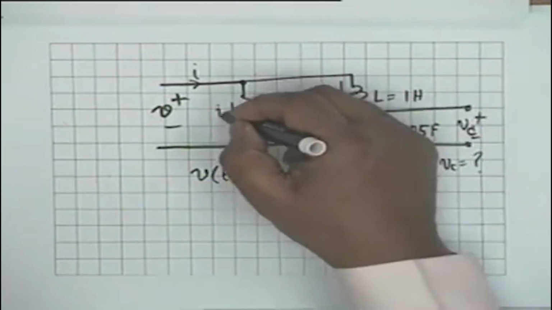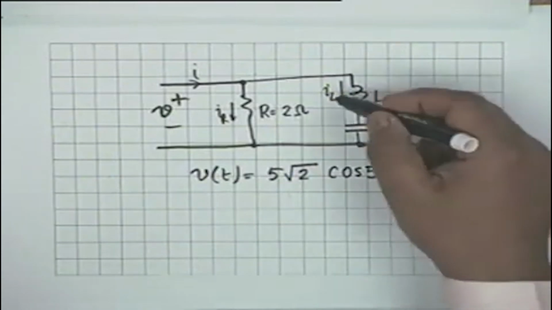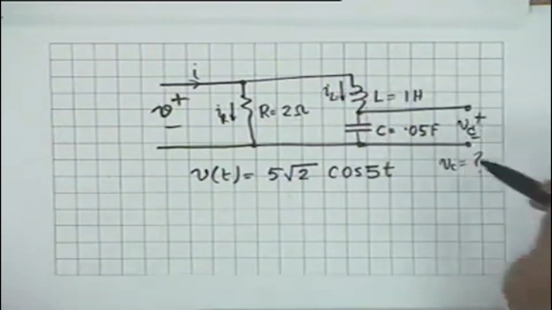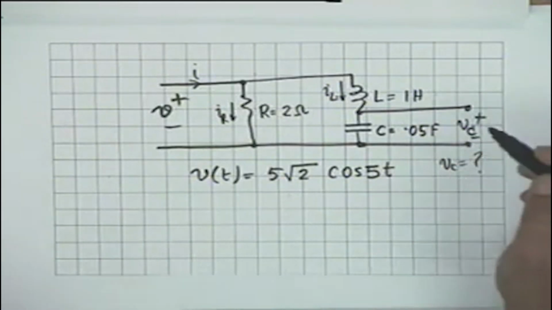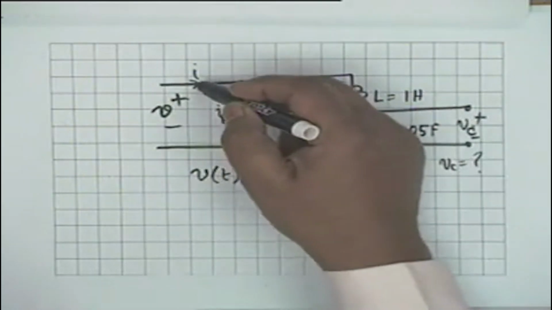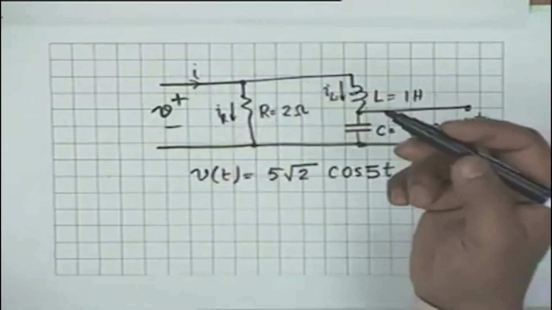Then I want to know the relationship between IL and VC in terms of phasors, and finally what V sub C is. I also want to know what this current small i is, what is the corresponding phasor, and what relationship it bears to the phasor of small v.